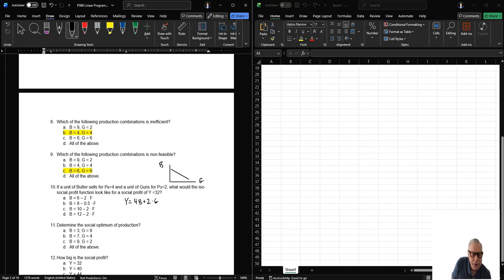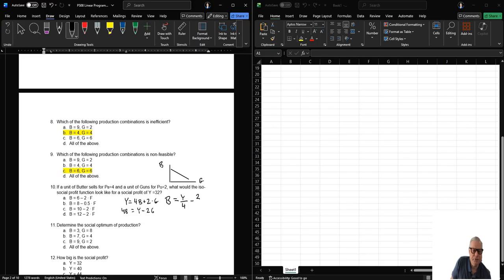So let's rearrange this term for b, and then we can write 4 times b equals y minus 2 times g, and then we divide both sides by 4, and then we get b equals y over 4 minus 2 over 4.